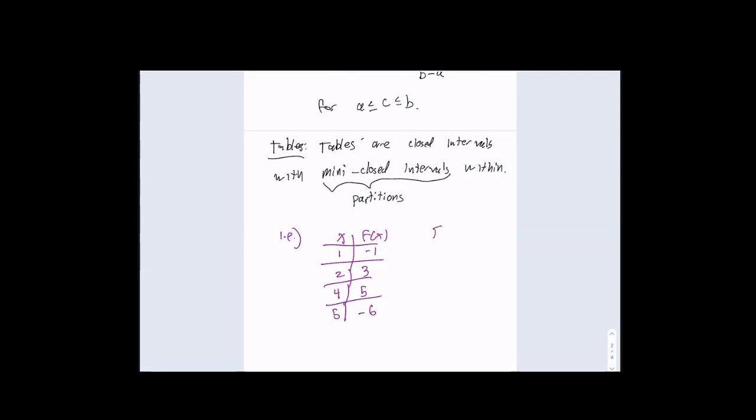Now, this interval is the closed interval from 1 to 5. But we have little mini intervals within. We have the interval 1 to 2, 2 to 4, 4 to 5. Now, you can also argue that you have the interval 1 to 4 and 1 to 5 as well.